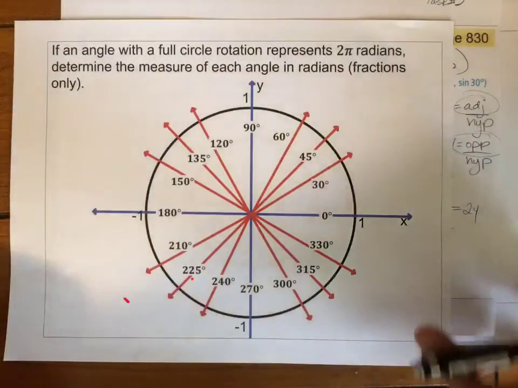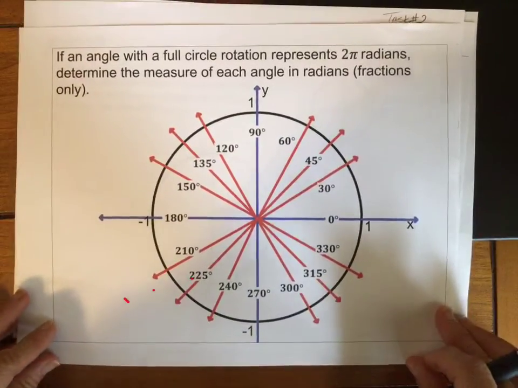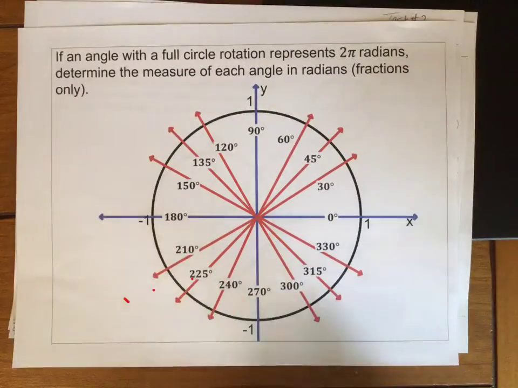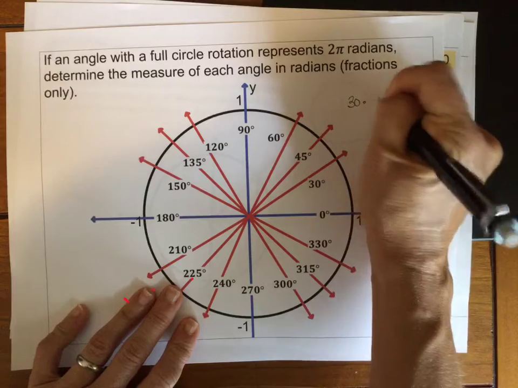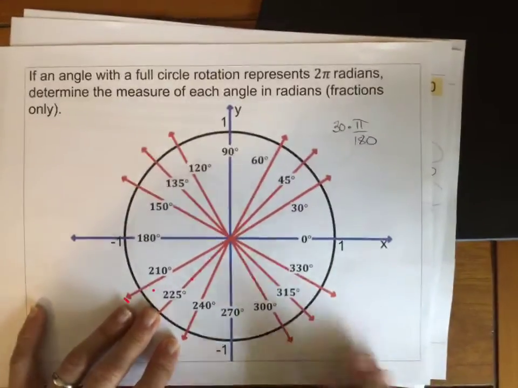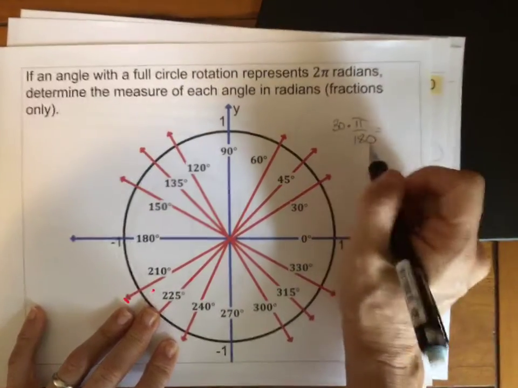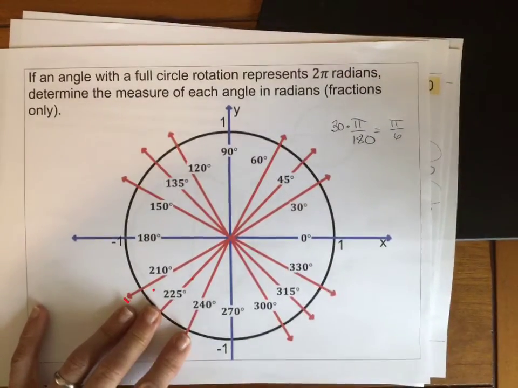So you had a second unit circle. The only thing we're adding in here is we're converting the degrees to radians. So I'm going to go through the first quadrant a little more slowly so you guys can get the idea. So like 30 degrees, if we want to convert that to radians, it's 30 times pi over 180. 30 goes into 180 6 times, so it's pi over 6, right?